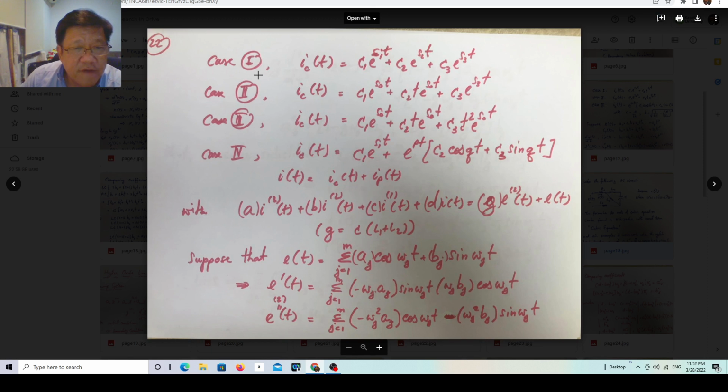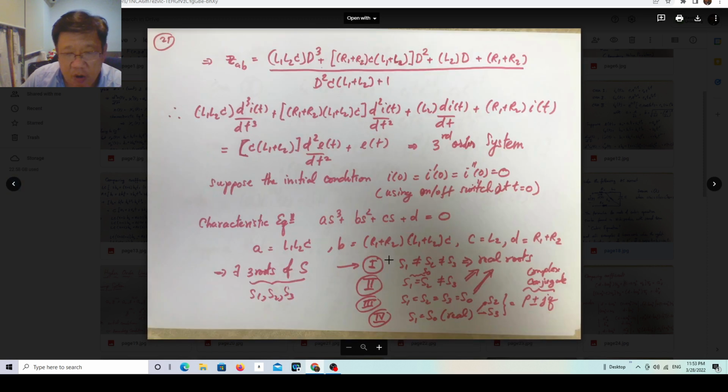First case, when you have S1 a real number, not equal to S2, not equal to S3. So the general formula is quite clear. It's all three exponential functions, with a constant multiplied with each of the roots times the domain t here as an exponential power. So this is the complementary solution in case one.